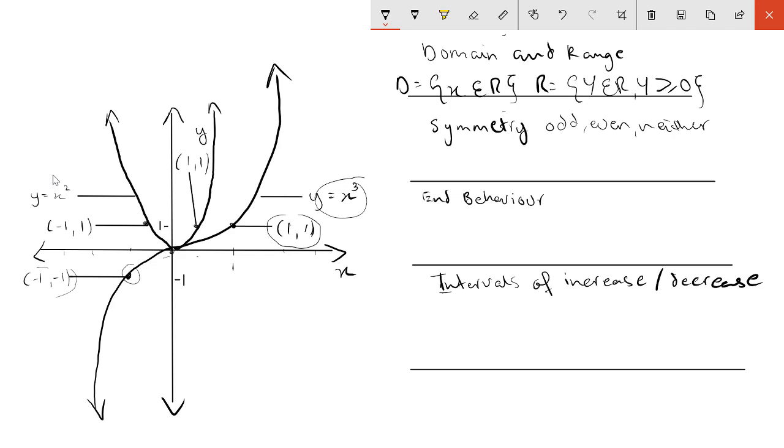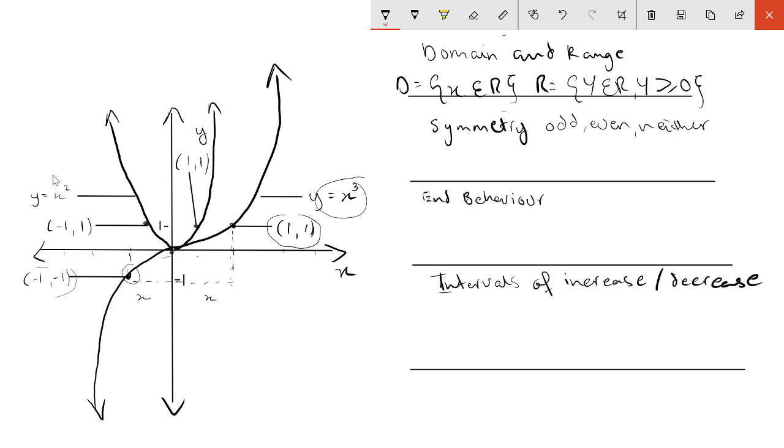So we can say that this distance x and this distance x are equal. These points are equally spaced out from the origin, and so any function that has symmetry like this about the origin is called an odd function.